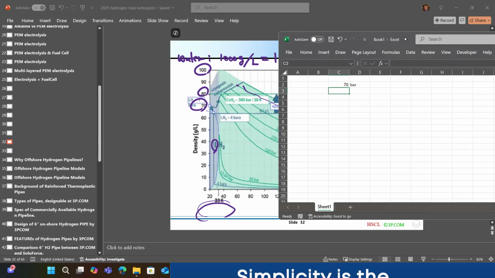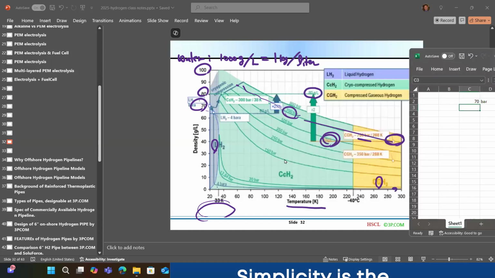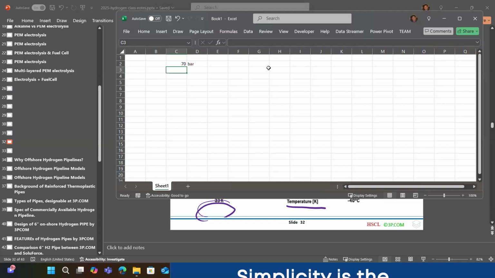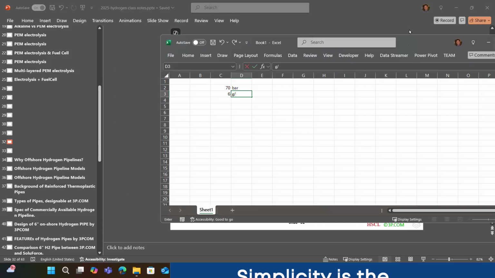Let's say again, 70 bar is almost half, so about here, I would say 6 gram per liter. Oh, sorry, this should be... what's the unit? It's a liter. Yeah, that's right, liter.